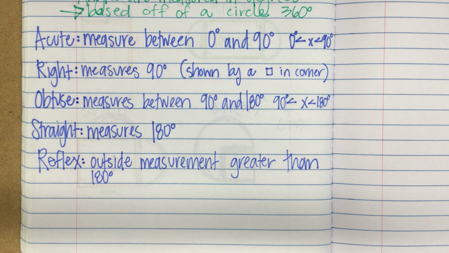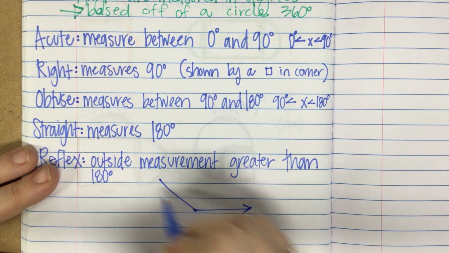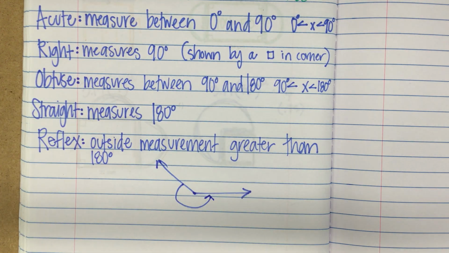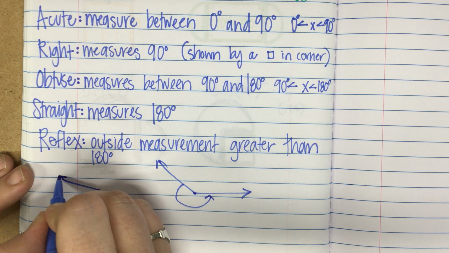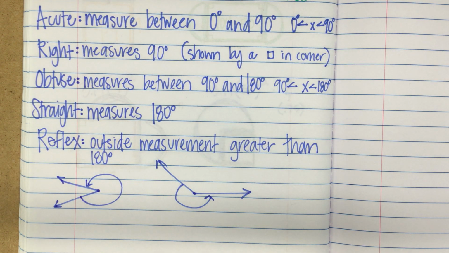Like if you have an obtuse angle and you do like the whoop all the way around the outside, that's the reflex. So here's my angle. The reflex is this part. Or here's my angle. The reflex is this part. The reflex is gigantic. The reflex will always be greater than 180 degrees.